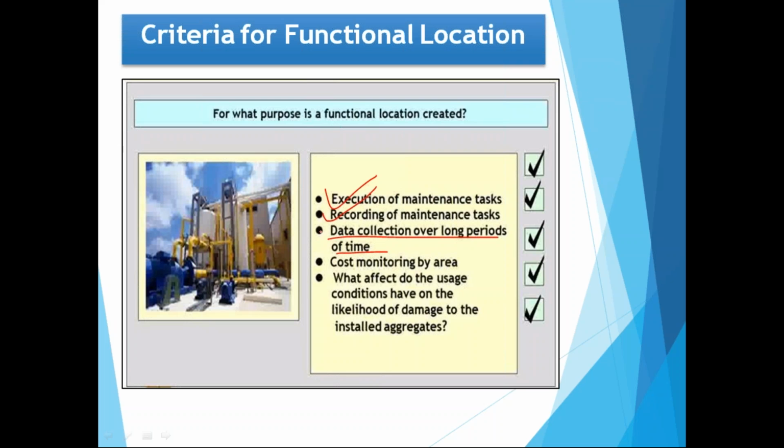To track that you will be using functional location. And then cost monitoring by area: area wise, I want to see my planned maintenance costs. And what are the usage conditions that have an effect on your plant maintenance activities. To monitor all these things, we will be creating the functional location. This is the criteria basically.